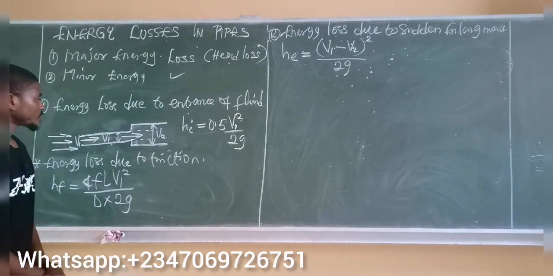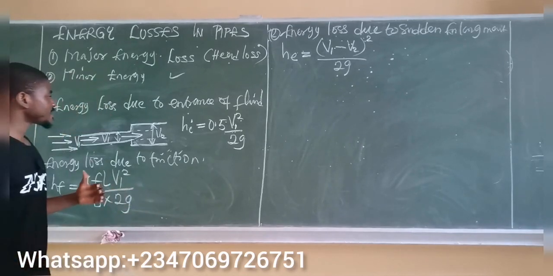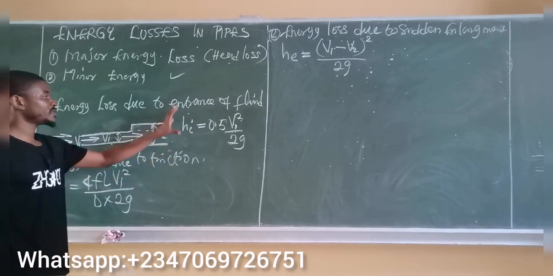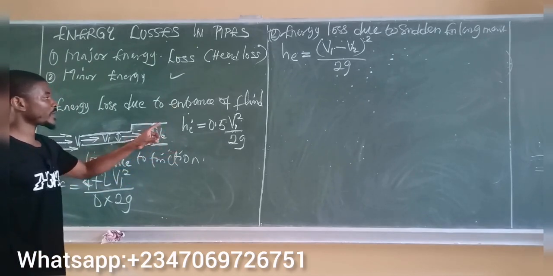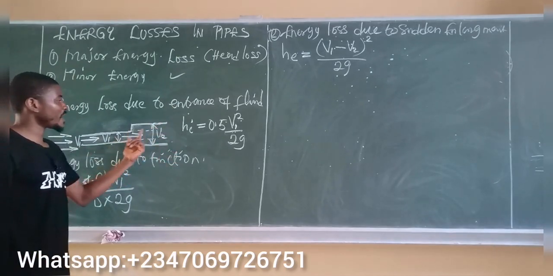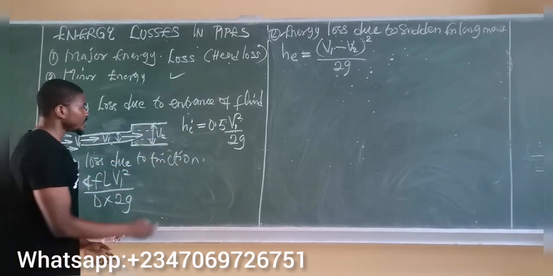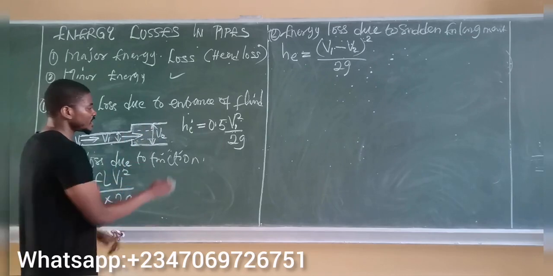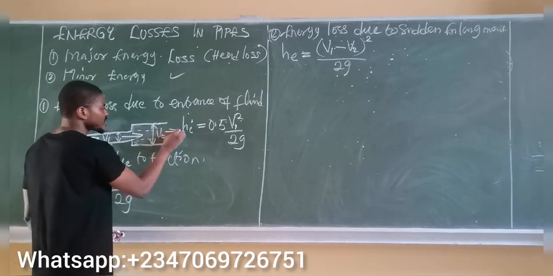All right. So now, as the fluid enters through this pipe, if there is no other pipe or anything else connecting to it, that means the fluid will exit this pipe. Since there is no other pipe or a tank where this fluid will discharge, the fluid will exit this pipe.